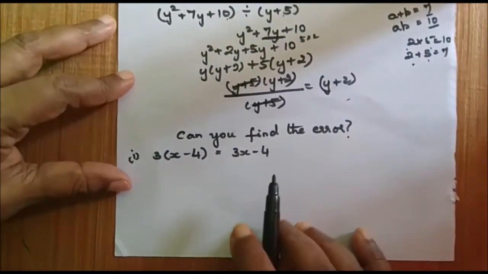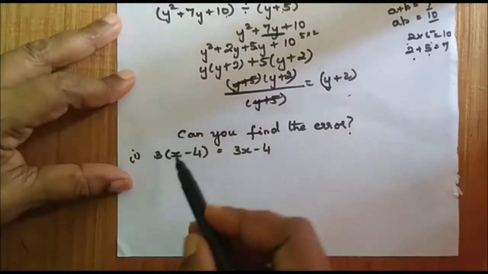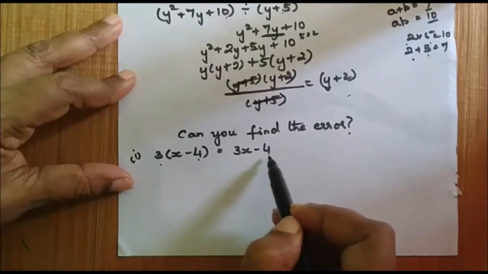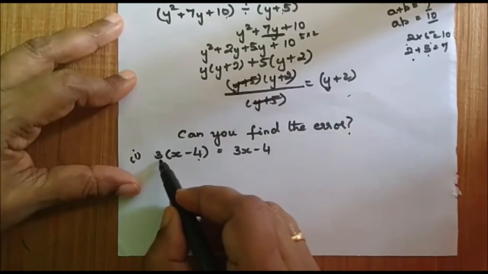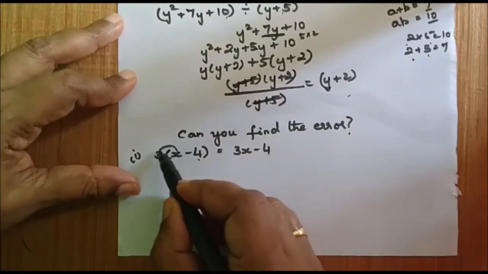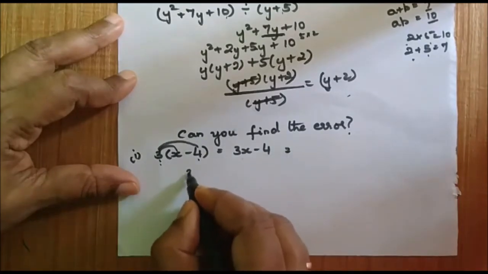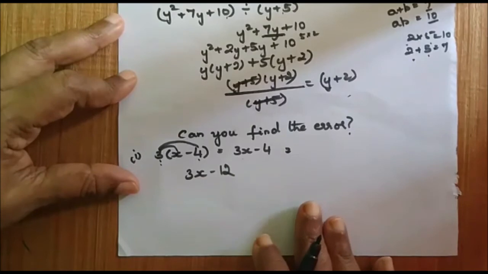Okay. Now, you have to find the errors in the following terms. Now, what is this? 3 into x minus 4, 3x minus 4. Is this correct? No, this is wrong. Why? You have to multiply 3 with this and then with this. So, the right thing is 3x minus 12. This is how we have to multiply.